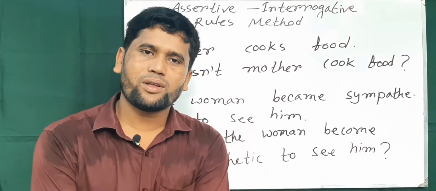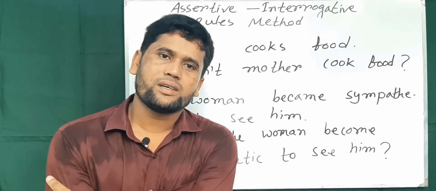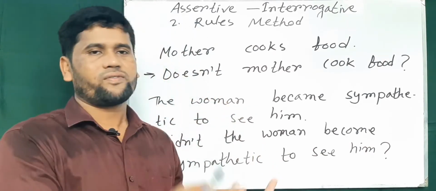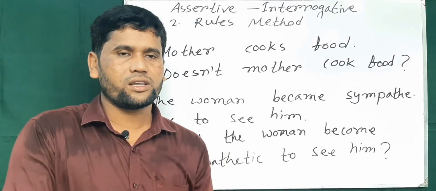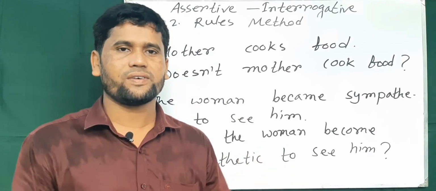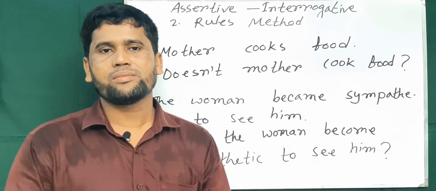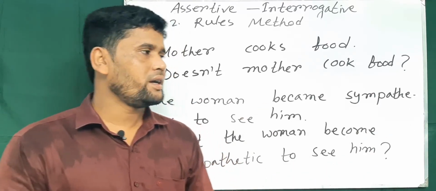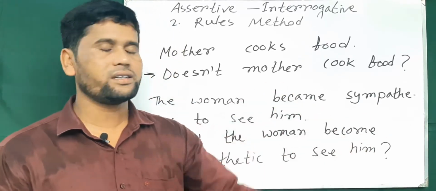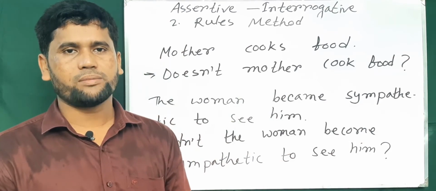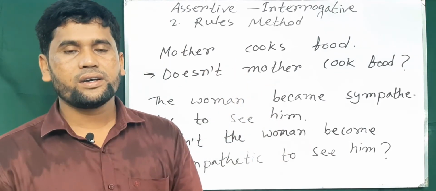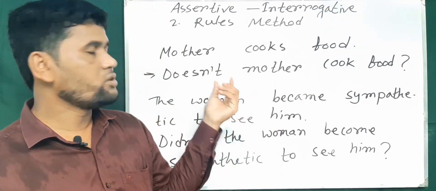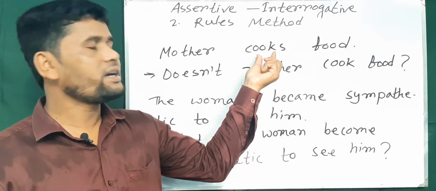So very simple. If you find an auxiliary verb, you should write the auxiliary verb first, and after the auxiliary verb you can write not if the sentence is affirmative, but if the sentence is negative, you should avoid not, and at the end you can write the auxiliary verb. But when you don't find an auxiliary verb, you can use do, does or did according to the main verb.